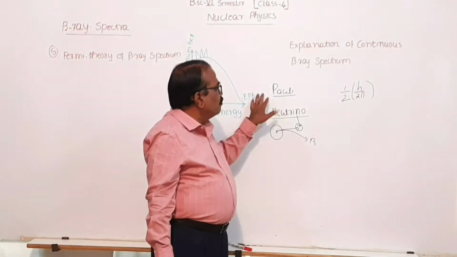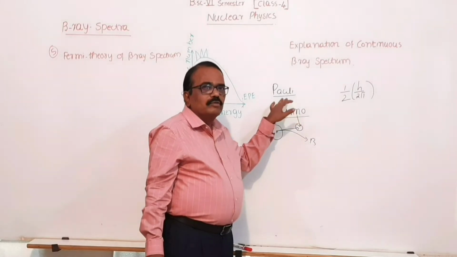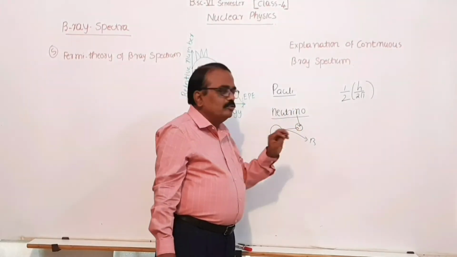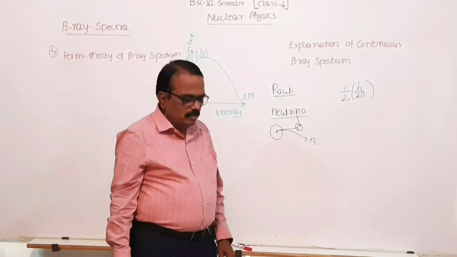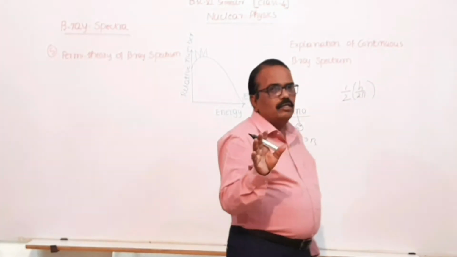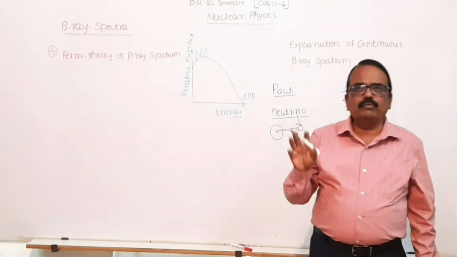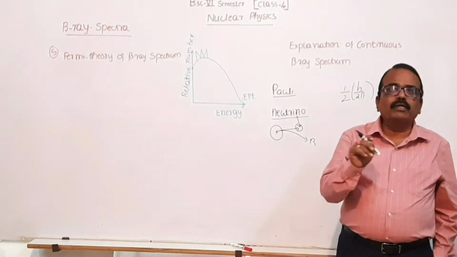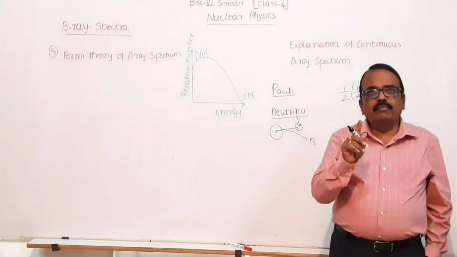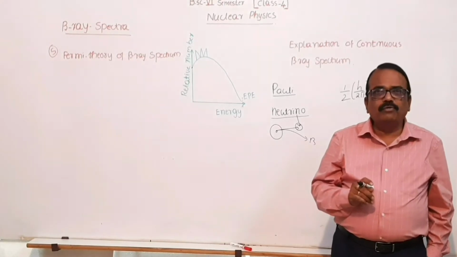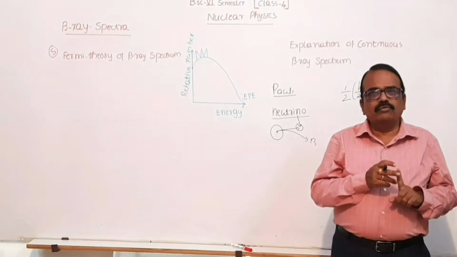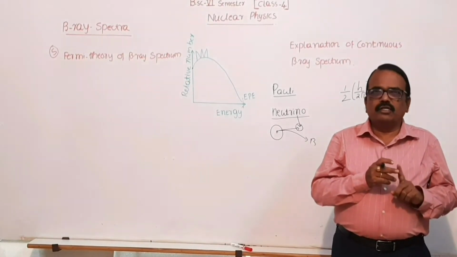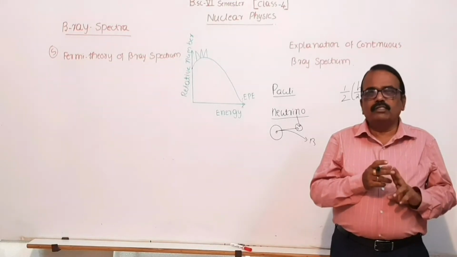So what has Pauli said? He has proposed the neutrino hypothesis. When the disintegration of a radioactive element takes place, along with the beta particle, one more particle comes out. The name of that particle is neutrino. It is a chargeless particle. Mass is 0.